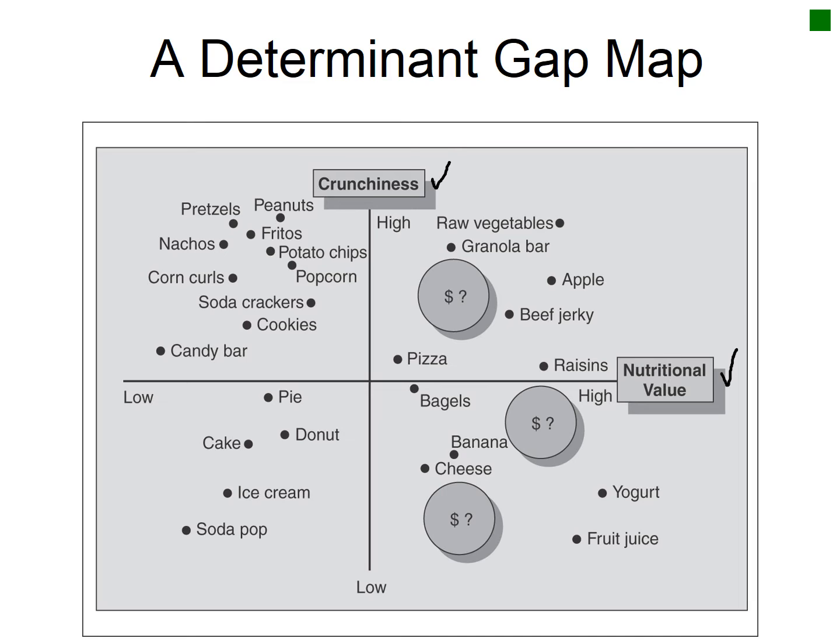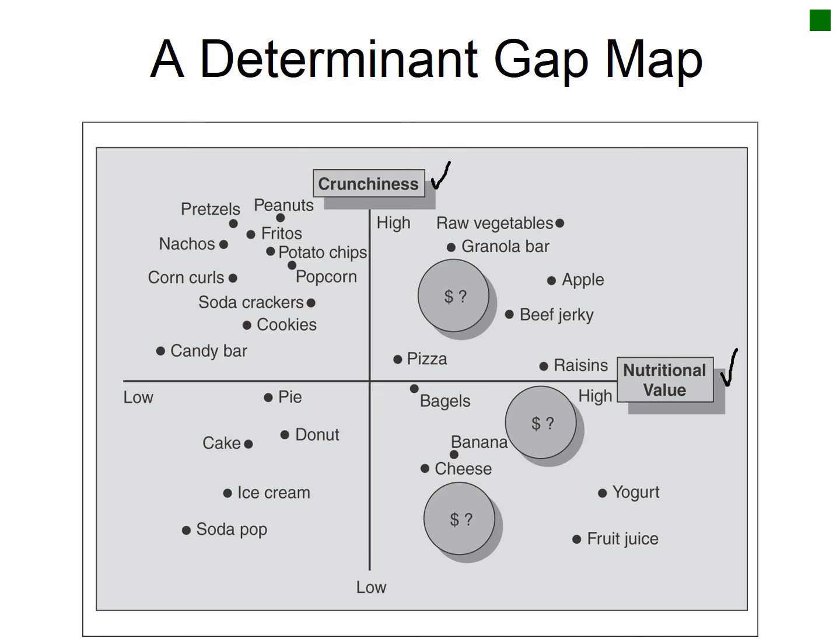And they're called this, determinant attributes, specifically because they help determine why and how a customer decides to choose a product. So these determinant attributes are important to the customer because they help determine whether the customer will buy the product or not.